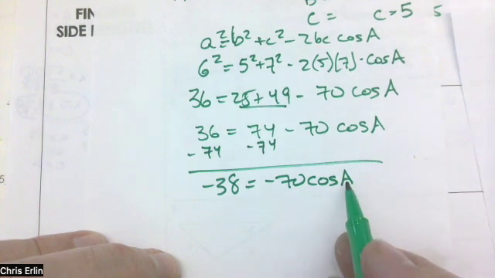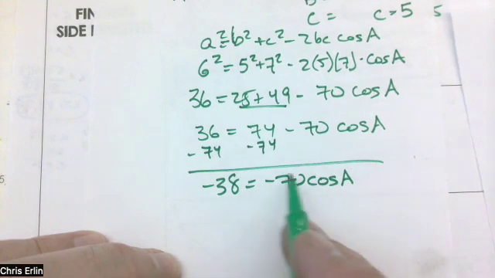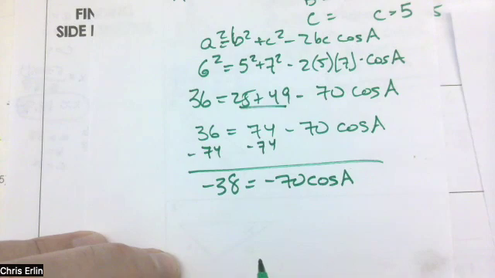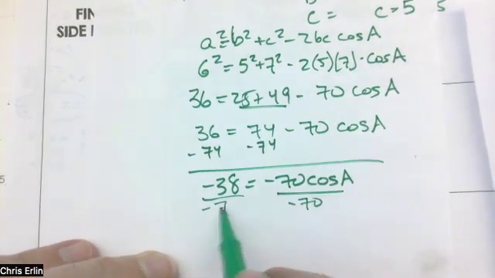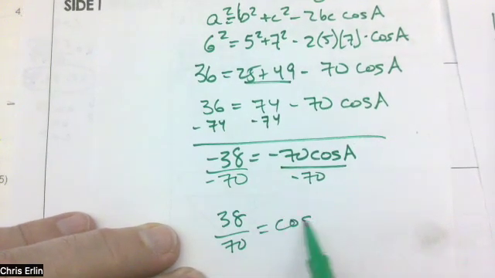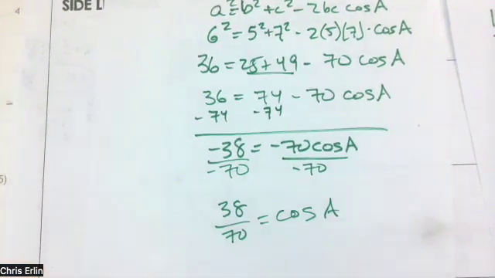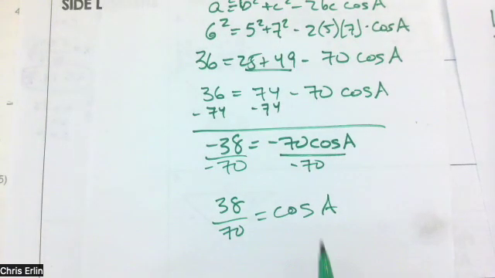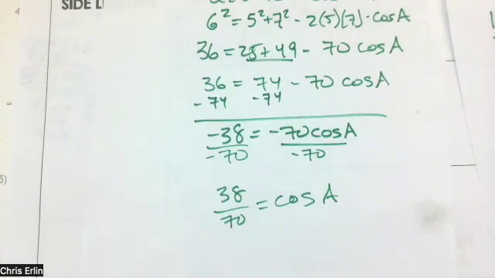I'm trying to get A, so I got to peel off the onions around it. How do I peel off the negative 70? It's multiplied, so I'm going to divide. The negatives cancel. I'm now at a ratio equals cosine of A. How do I get rid of the cosine? Cosine is not being multiplied, is it?